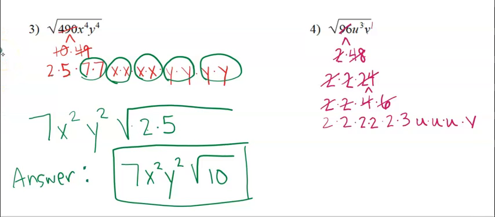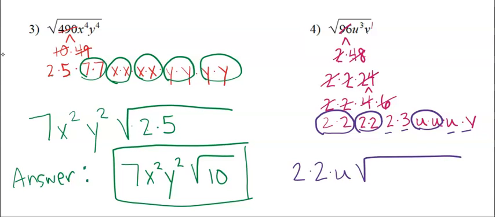Okay, so now we'll look for doubles. So here's a double 2. Here's a double 2, so another one comes out. Here's a double u, and single, single, single, single. So all of those are going to go back inside. Okay.